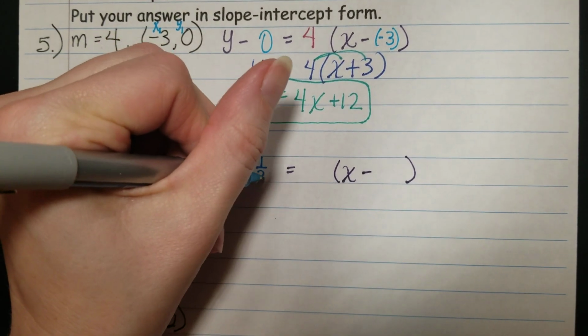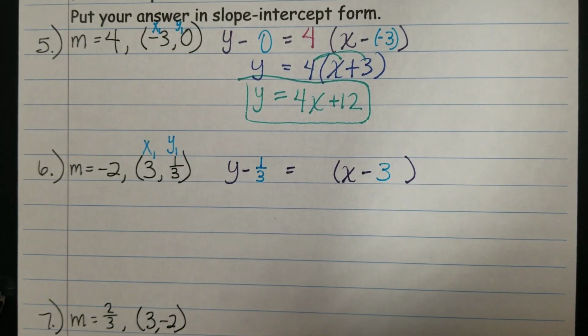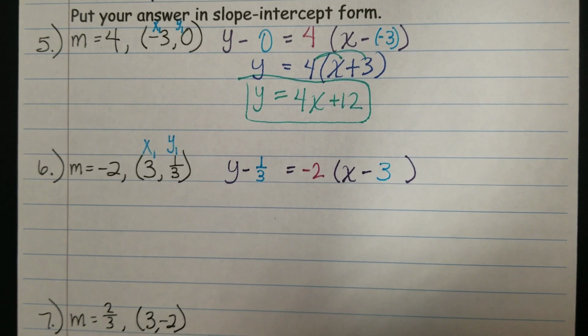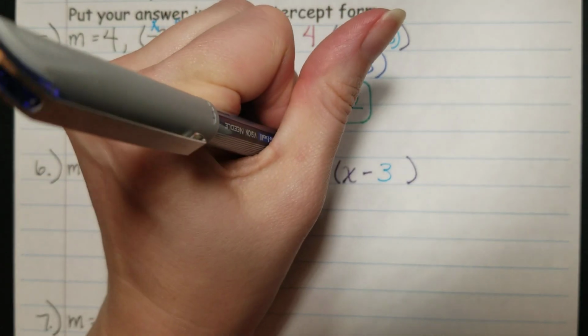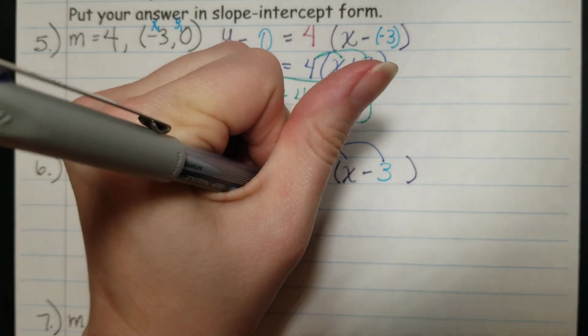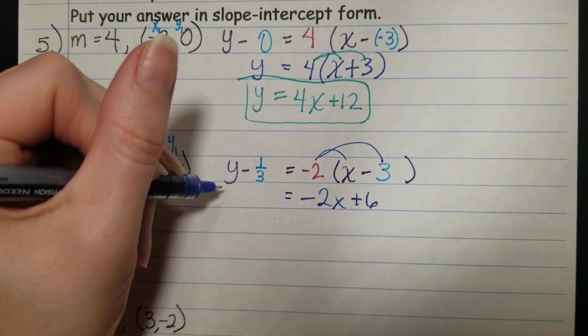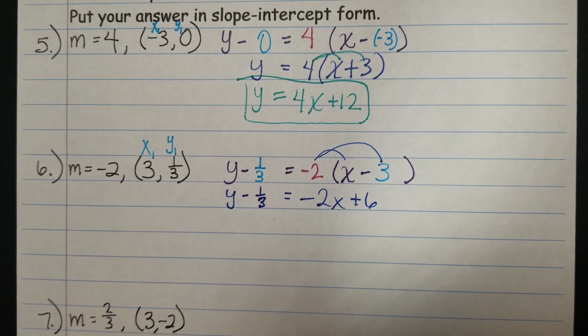So it'll be y minus a third, x minus 3. Then m is -2. So y minus a third equals -2 times x minus 3. In this case, the first thing I would do is distribute the -2, which makes that -2x plus 6. So I have y minus a third equals -2x plus 6.